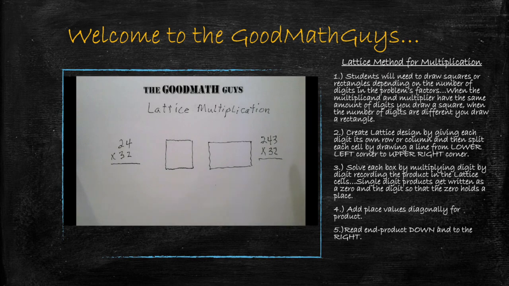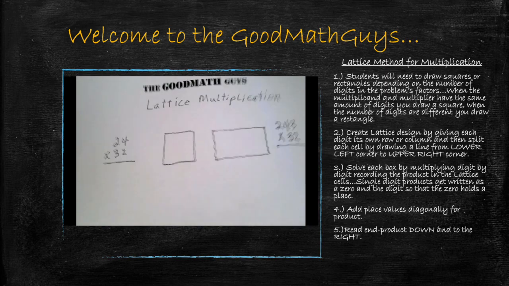However, when the number of digits in the multiplicand is greater than the number of digits in the multiplier, we have to draw a rectangle to account for that difference. You'll understand why in a minute as we get into the lattice strategy. So let's get at that.